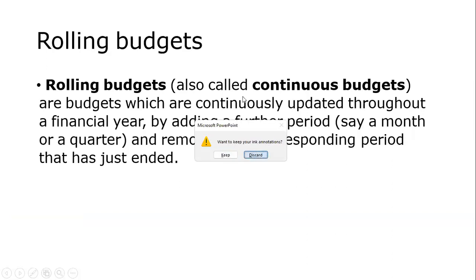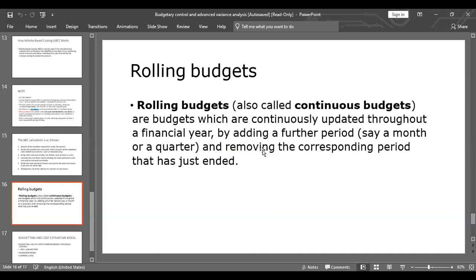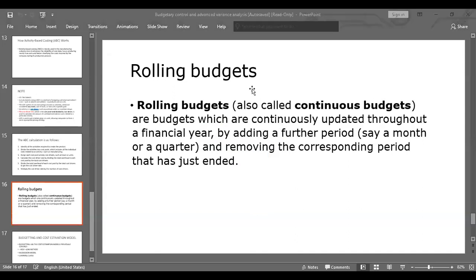So then, in form of that, the rolling budget, there is now, after like 3 months, there will be actual figures. There will be actual figures that have been realized. You will have actual figures that you have realized.